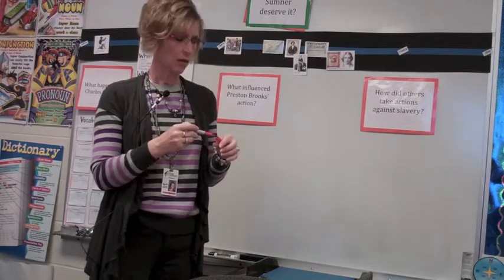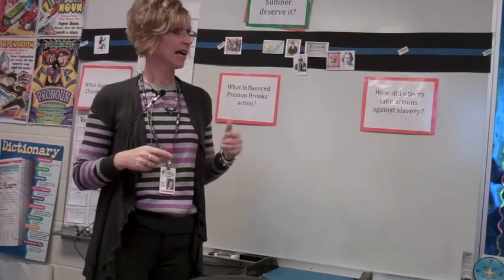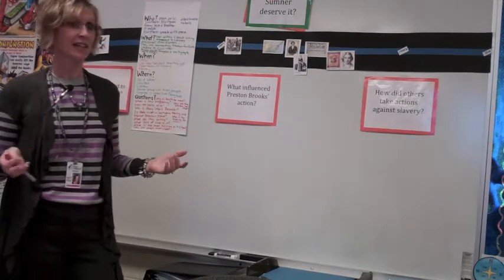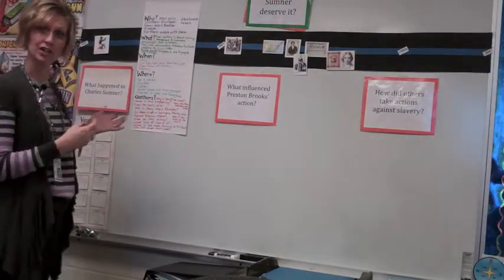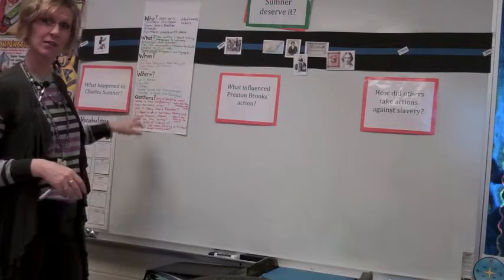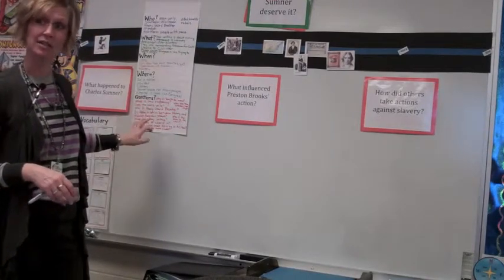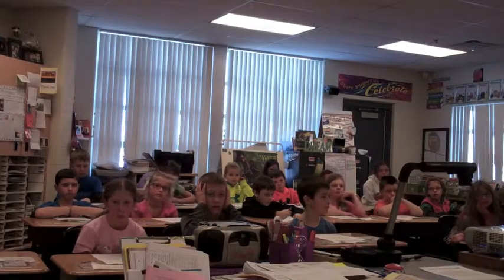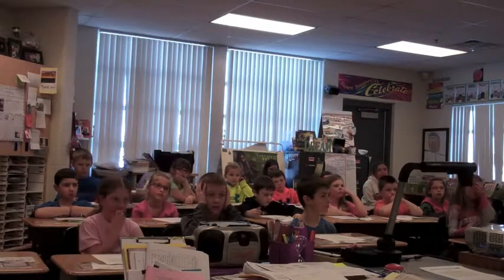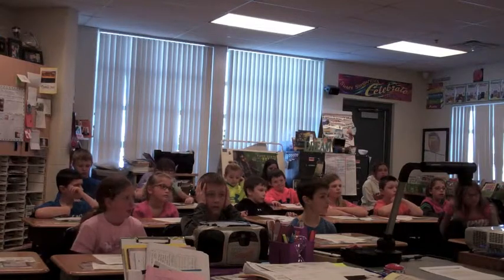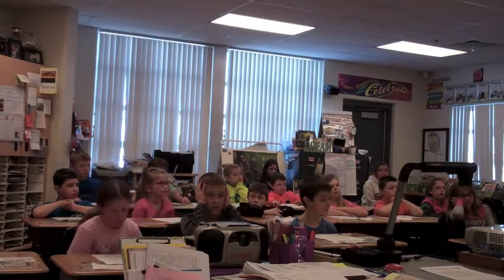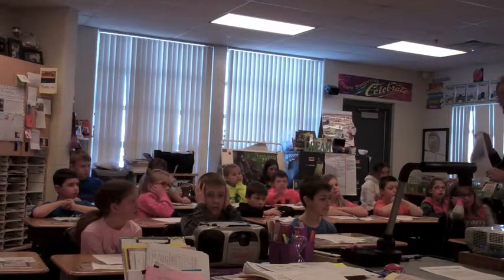Okay? Some great questions. We'll stop there, and a little bit later, I will share with you a document that tells a little bit more about this picture. So some of your questions are going to be answered, and some of them may not all be answered. So here's what we'll be doing now. We have been talking about this image of what happened to Charles Sumner, and you analyzed this a little bit earlier today.